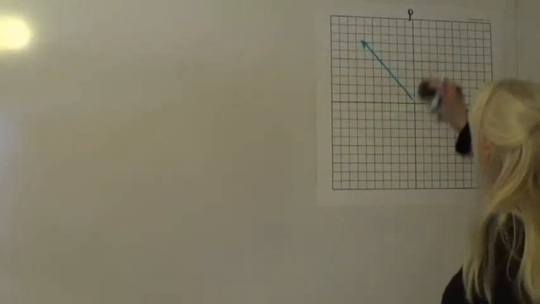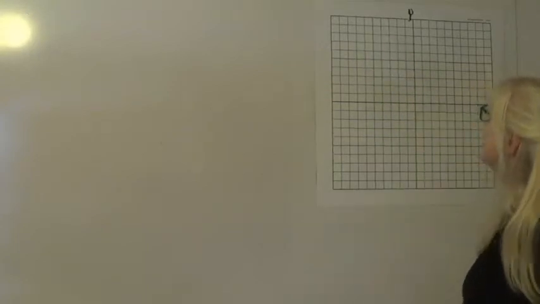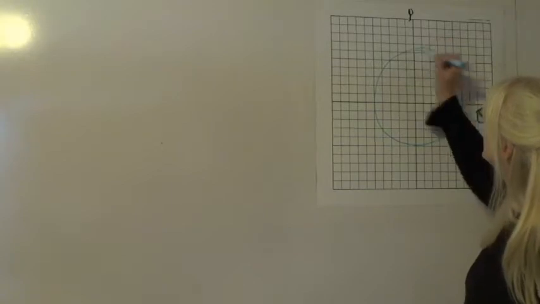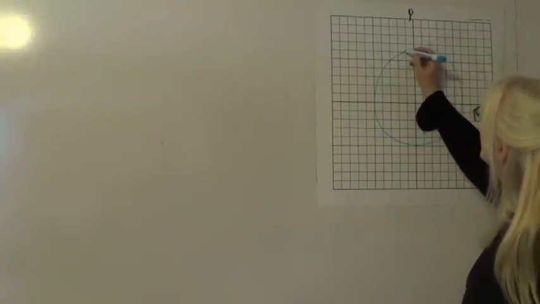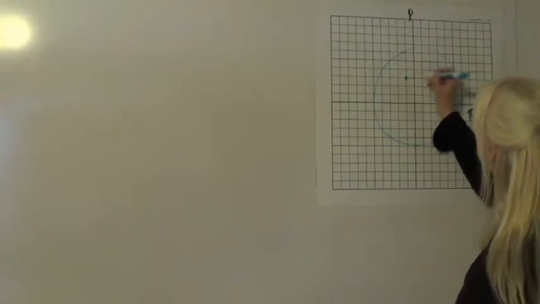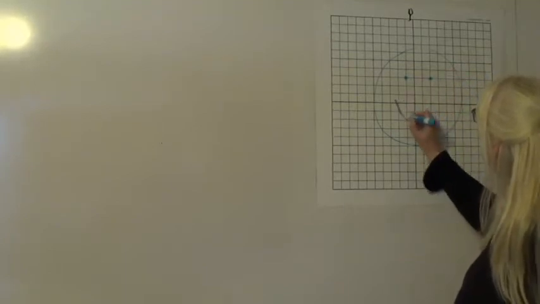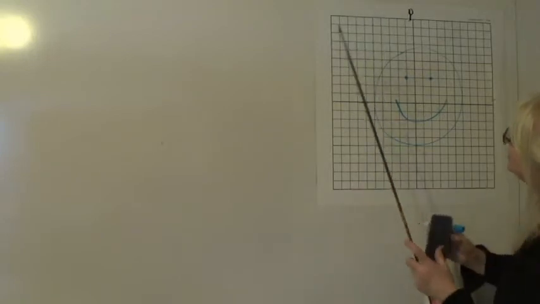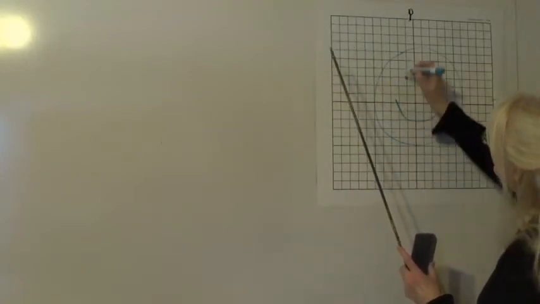Let's look at another one. Let's say that I had a circle. All right, let's make it a smiley face. There we go. So as I move vertically, you can already see that it's going to touch here and here.